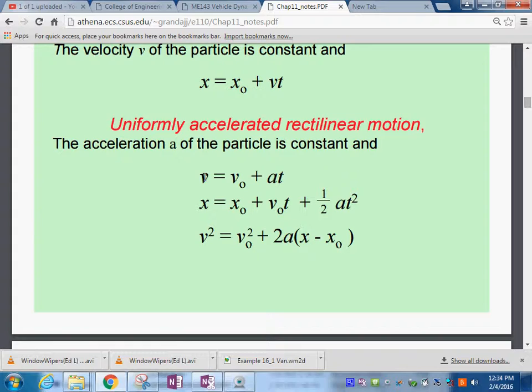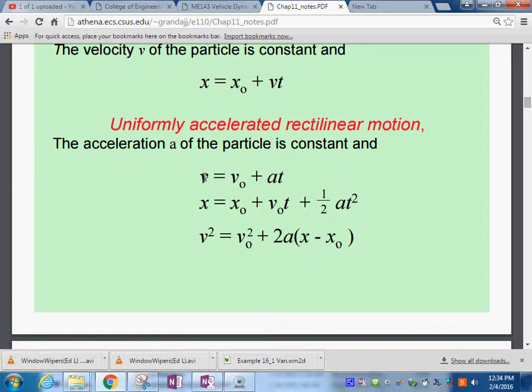This is the typical equation that we find in parabolic motion. Of course, this holds also true for rectilinear motion, where you have an initial velocity and acceleration. The acceleration is the rate of change, the amount of change of the velocity in each second.